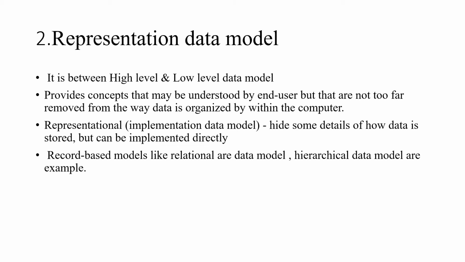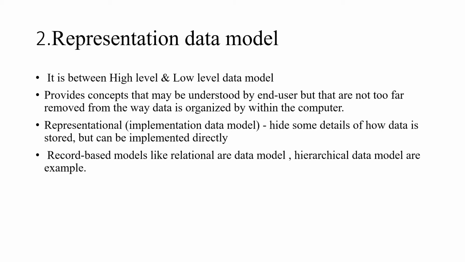but can be implemented directly. Record-based models like relational data model, network data model, hierarchical data model, these are examples for this. So the examples for the representational data model are the relational data model, hierarchical data model, network data model.